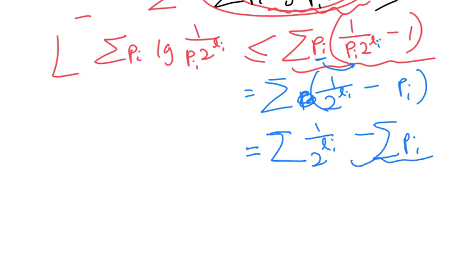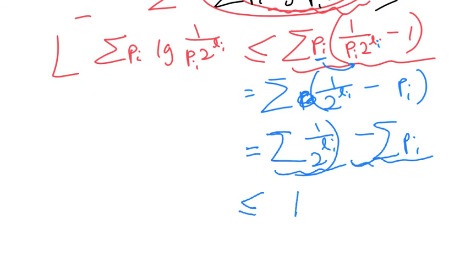Now this part here, have you seen this before? Remember that when we were discussing the properties of prefix code, this summation will always be less than or equal to 1, right? So 1, and this thing, as I said earlier, is minus 1.